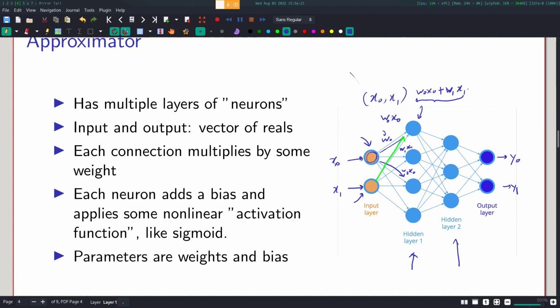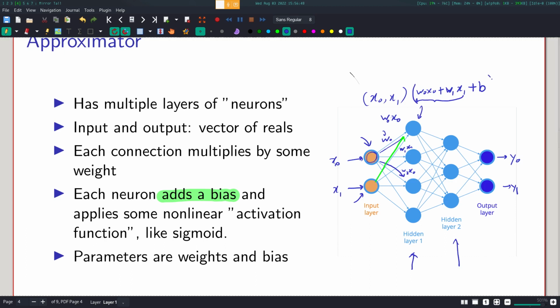Then it will do two things. It will firstly add a bias to all of this. So there will be some value called B, which is going to add to this weighted sum. So now you have a weighted and biased sum.